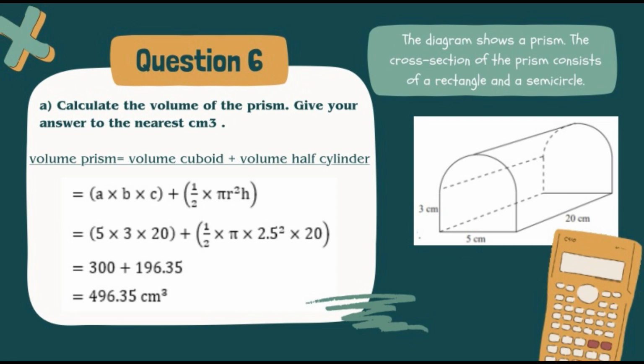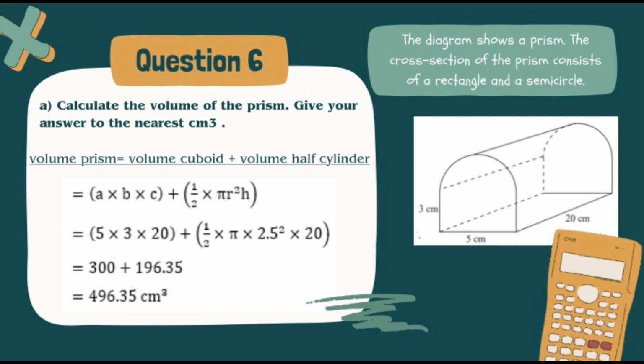By using the formula of half cylinder, which is 1 divided by 2 times pi times radius to the power of 2 times height. Substituting the information into the formula, we got 1 divided by 2 times pi times 2.5 to the power of 2 times 20 and it's equal to 196.35.